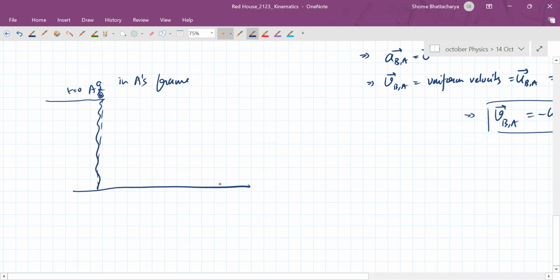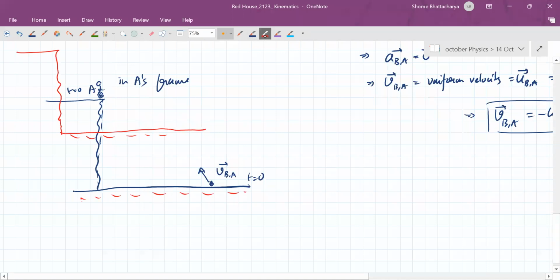If you are sitting on object A, you would see that at t equal to 0, B is projected towards you at a velocity of VBA, if you just calculate it. If it is coming and hitting you at time t1, then in your frame the cliff and the ground have moved, and B has moved directly with respect to you like this and hit you at t equal to t1.